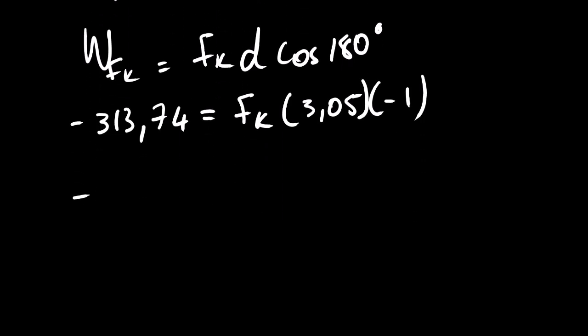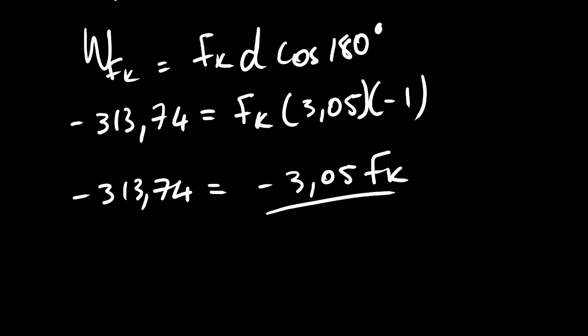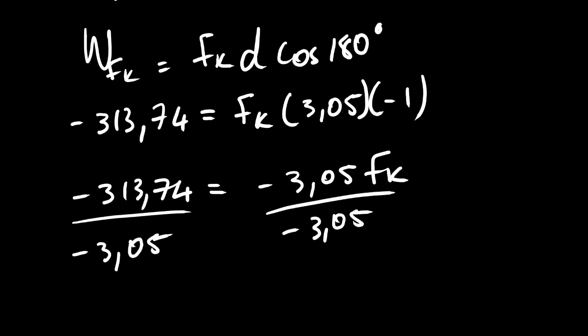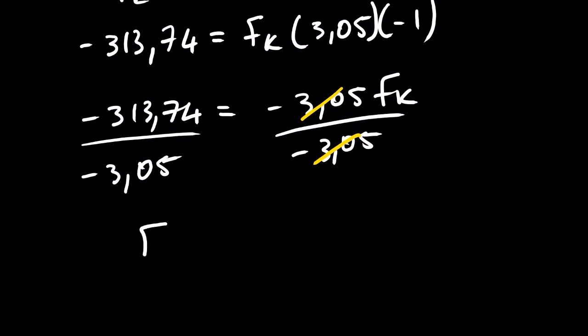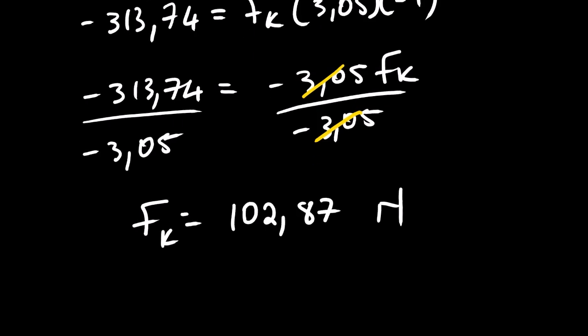So basically we have negative 313.74 equals negative 3.05 Fk. So we divide both sides by this. This will result in 1 multiplied by Fk. We have Fk equals 102.87 newtons. That is the kinetic friction.